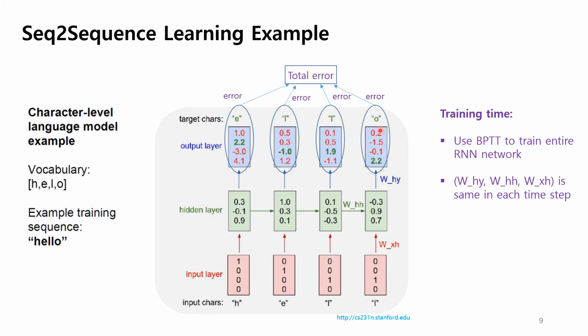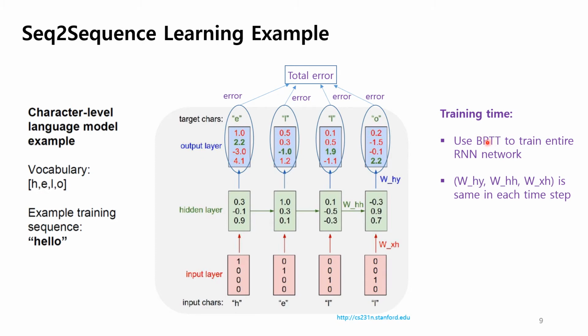We use backpropagation, but a little difference here is that we use backpropagation across different time steps. So it's a slightly modified version of backpropagation, which we call backpropagation through time. We're going to explain this on the next slide.